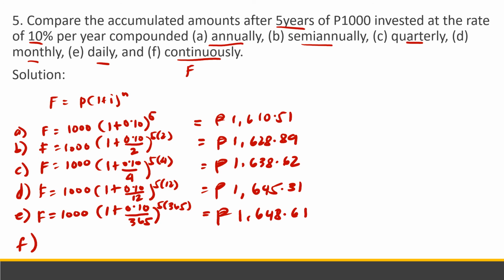Then in F is continuously. So the formula for continuous is PERN.